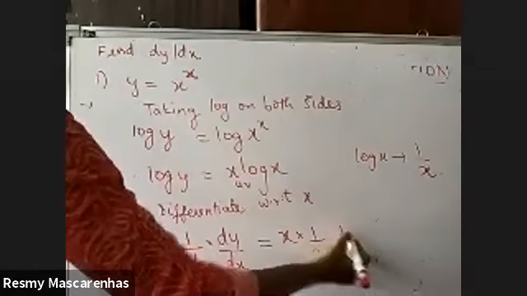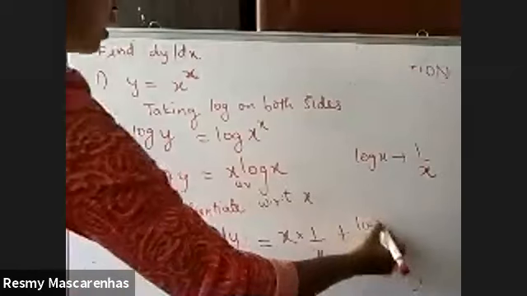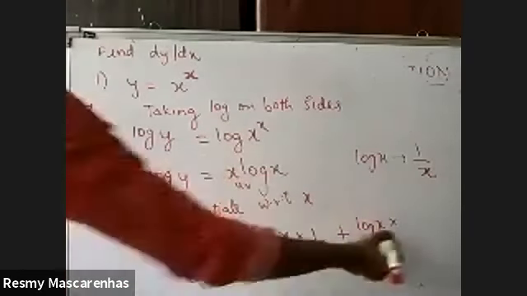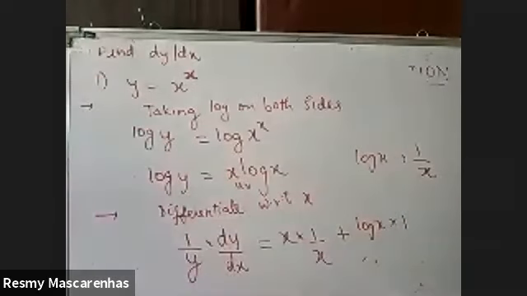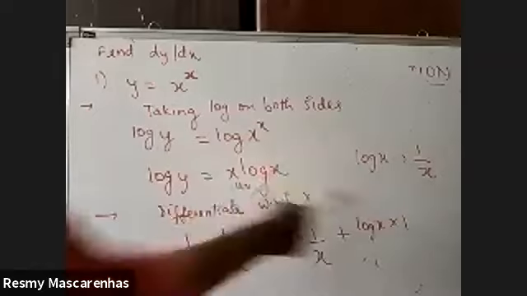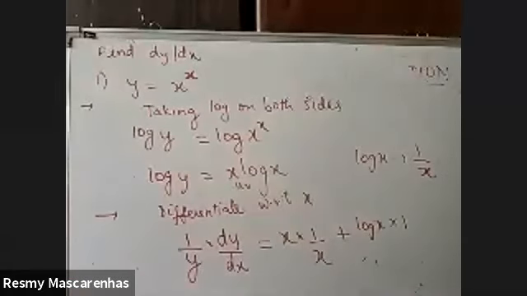Plus v into derivative of u. The derivative of x is how much? 1. Okay. So this is how it has to be solved. u into derivative of this one plus v into derivative of u. x and x will cancel.